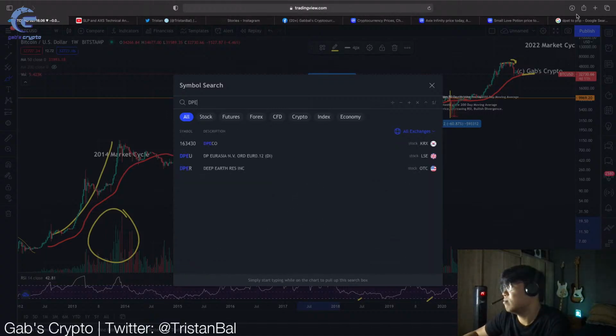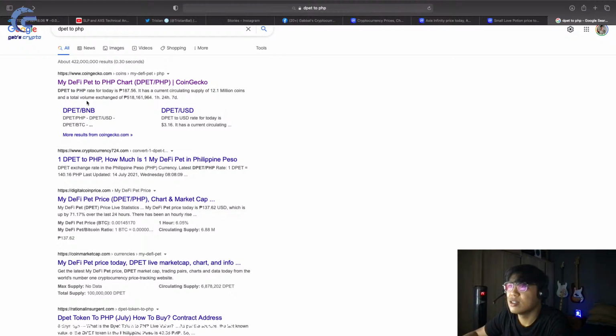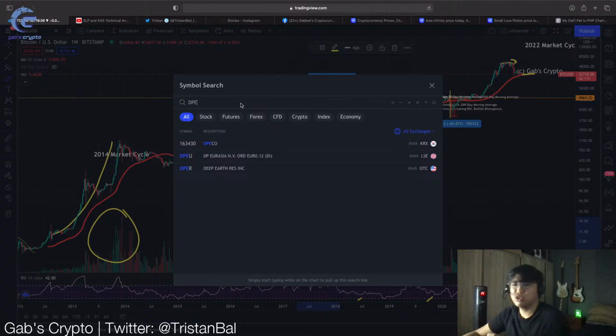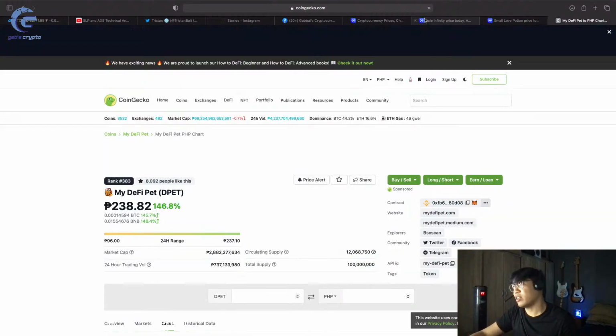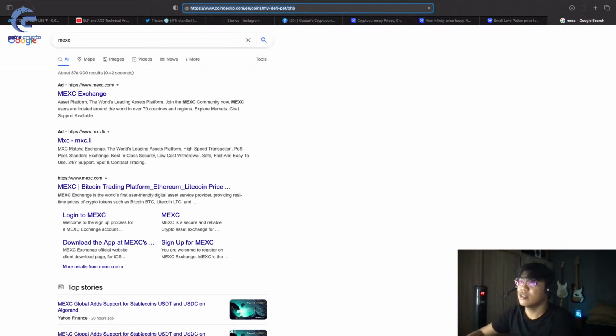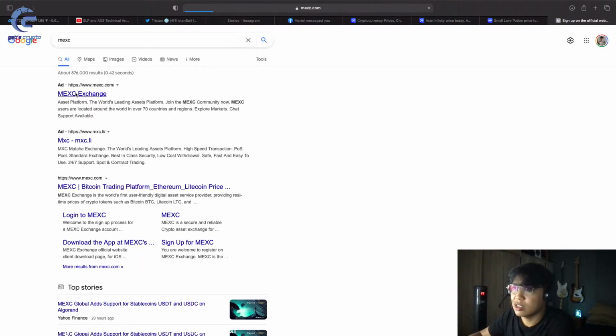Wala din. Hindi ko sure kung saan mo pwede i-check ang DPET eh. MEXC platform. Ah, yun pala yung MEXC platform. Okay. MEXC exchange.